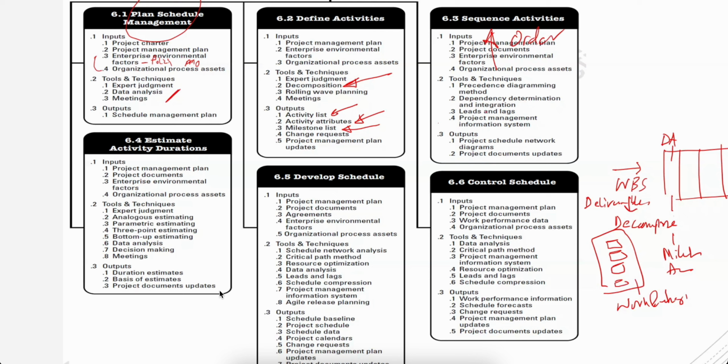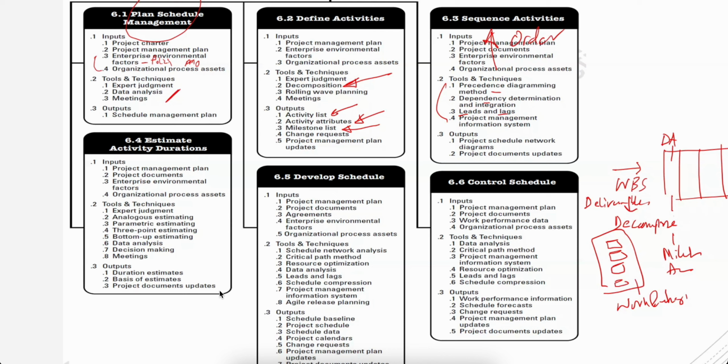All right, so we're going to talk about leads and lags and things like diagramming, PDM and dependency and all of these good things. We're going to talk about those in the next couple of slides. So for right now, all you need to understand is that once you get the activities, you got to order it. Once you've ordered it, now you can say how long it's going to take to do it.